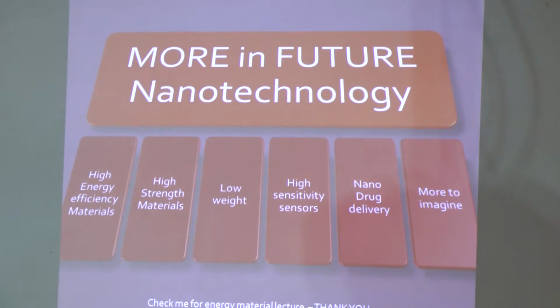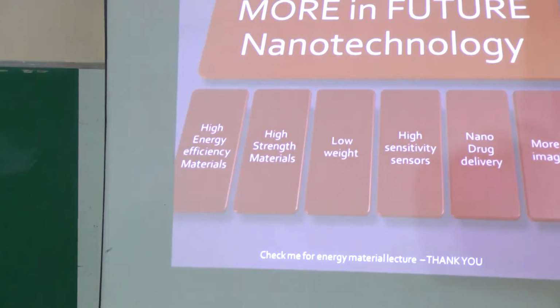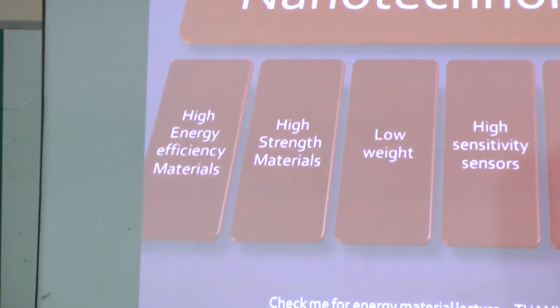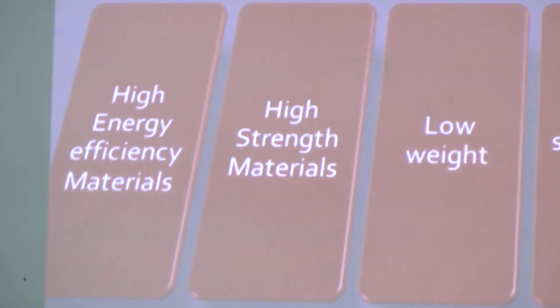So high energy and high efficiency material is important. High strength, low weight material. One simple example is if your car itself doesn't weigh anything except you, it will go very long. Very long means efficiency is more beyond your imagination.